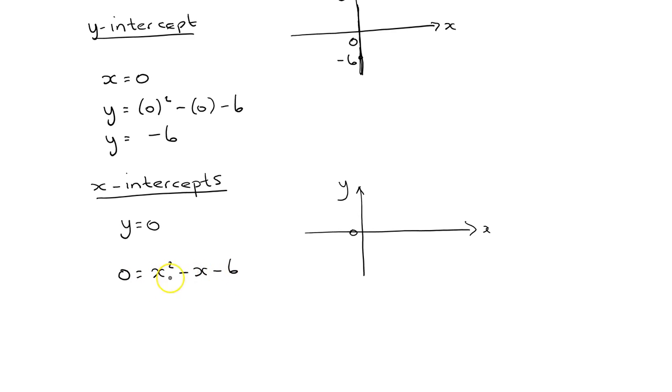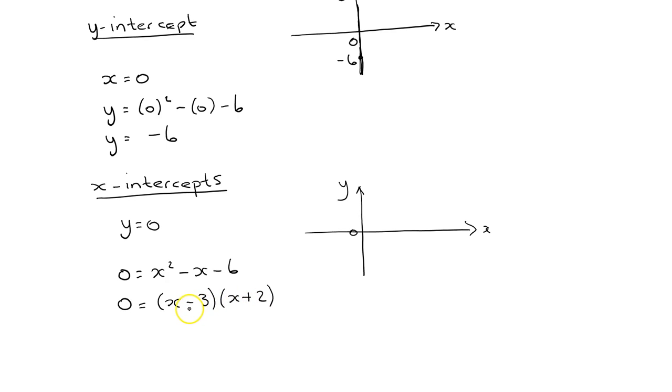This is a fairly easy one, and I can see by inspection that I'm going to have factors of minus 6 of plus 2 and minus 3. So my equation is going to become x minus 3 times x plus 2. That was factorizing just by inspection because it was a fairly easy one.